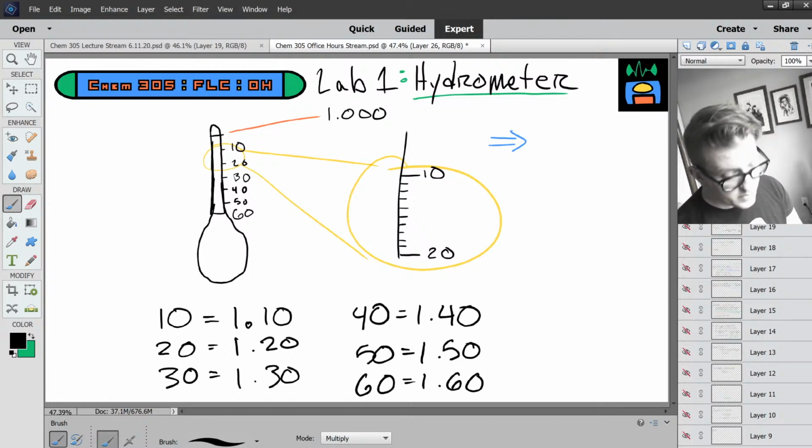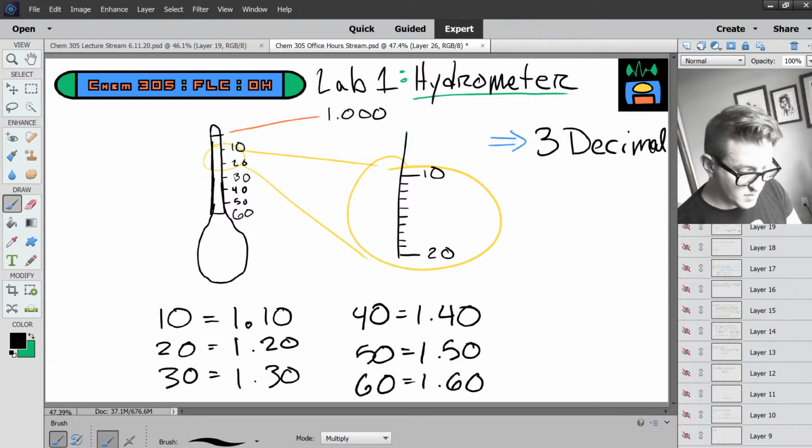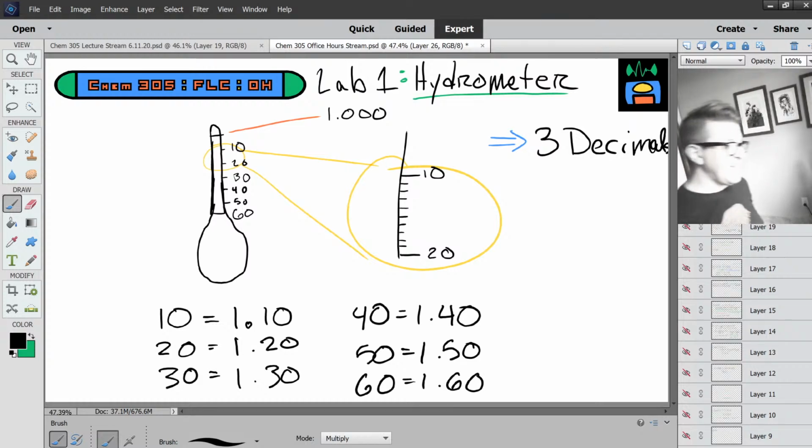All measurements taken with this hydrometer should have 3 decimals. And you kind of add as you go down. So that's kind of how you want to use it.